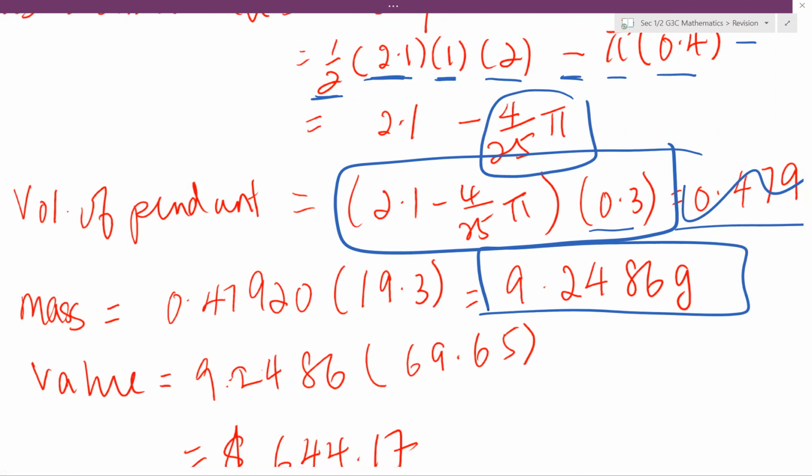Although I emphasize that I like to work with exact values, there comes a point in time where it becomes too long already. The advantages of writing in exact form do not outweigh the convenience. The exact form would look like this: 19.3 times 0.3 times open bracket 2.1 minus 4/25 pi.